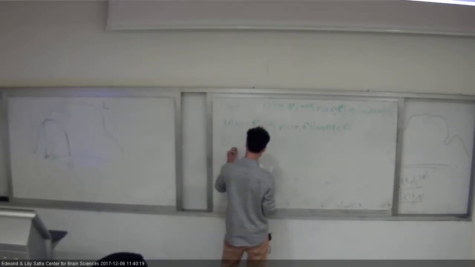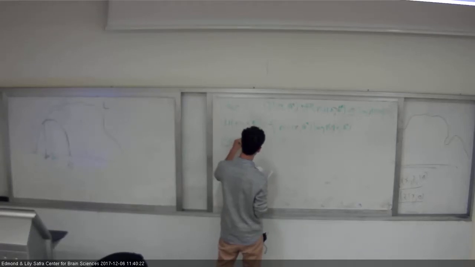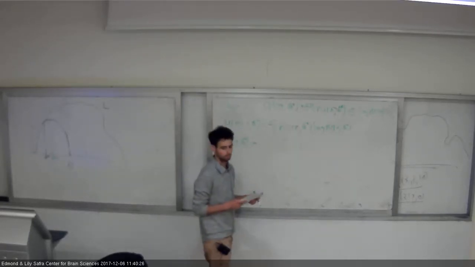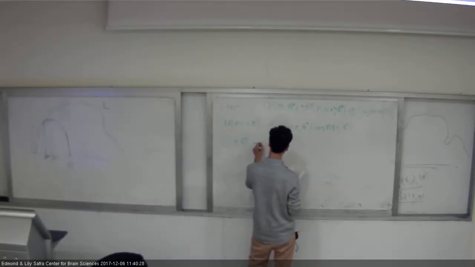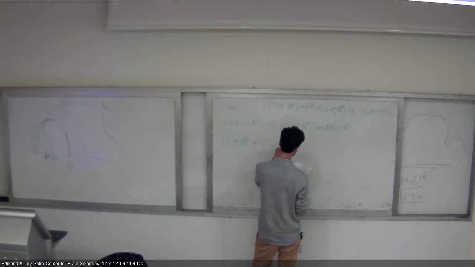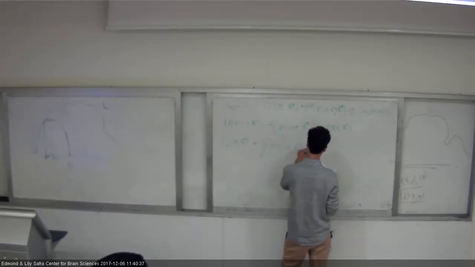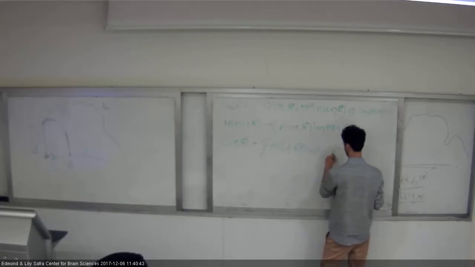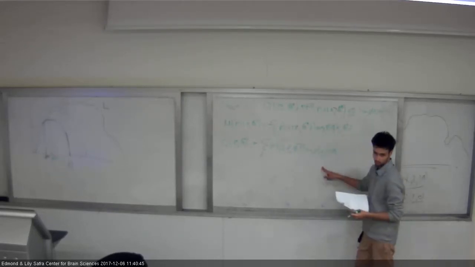Q of theta and theta hat at time t is equal to what? By the definition, it is equal to the sum over all the z, p of z given x and theta hat at time t, log of p of x and z given theta. Okay, this is the definition.